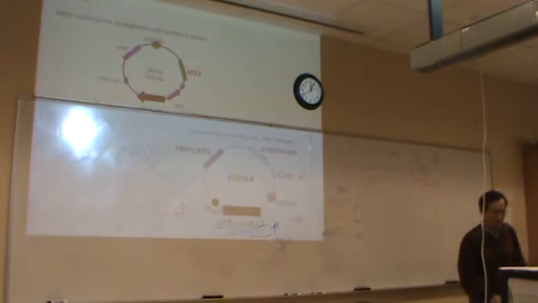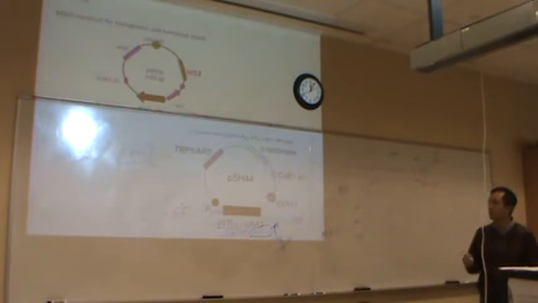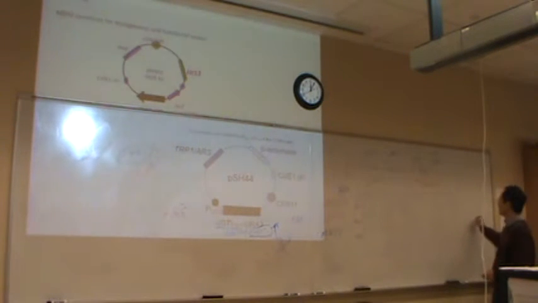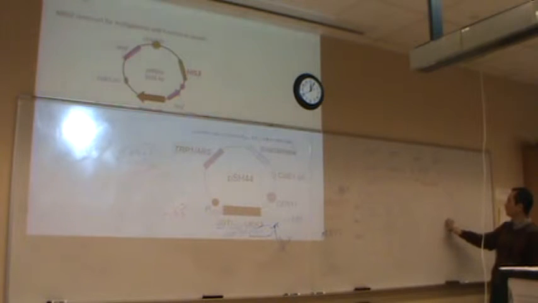I also have not discussed the host cell. If we want to do this selection, that means in the nuclear genome, the host cell should be his minus, tryptophan minus, and also URA3 minus.